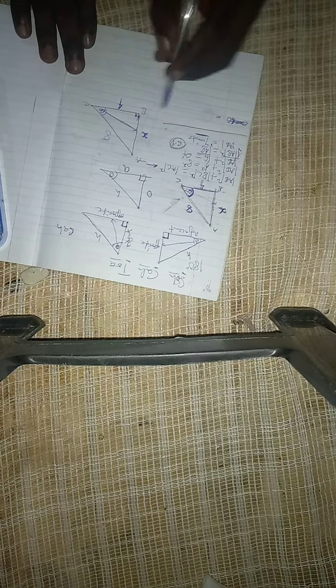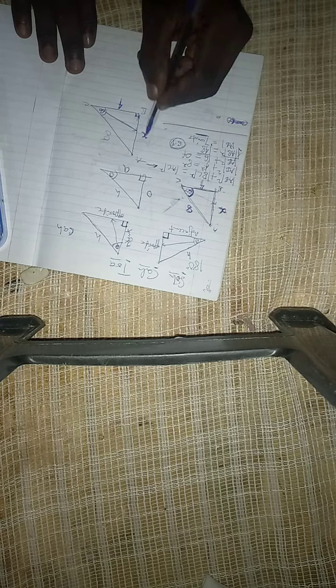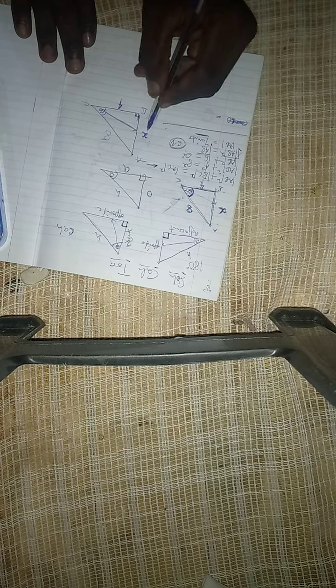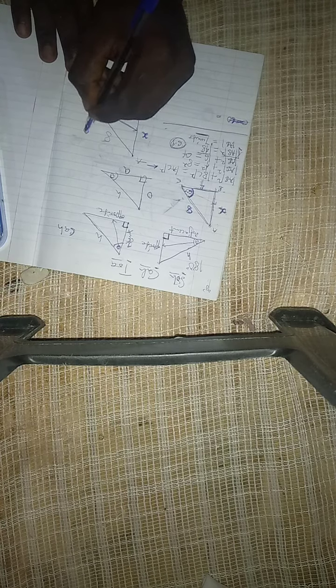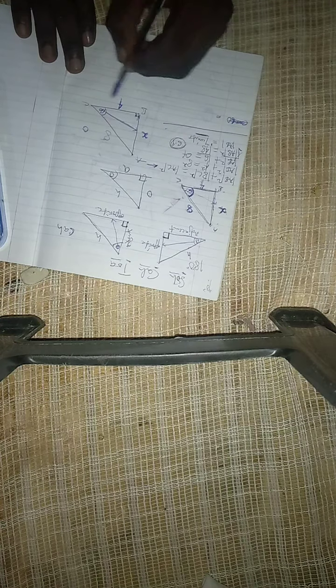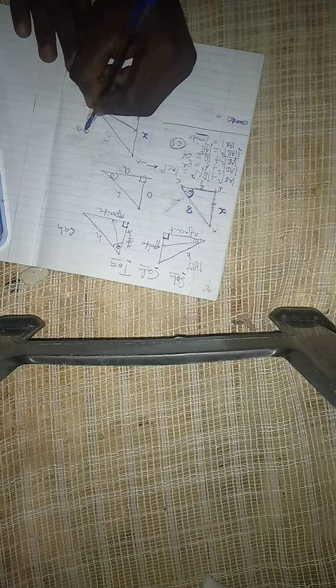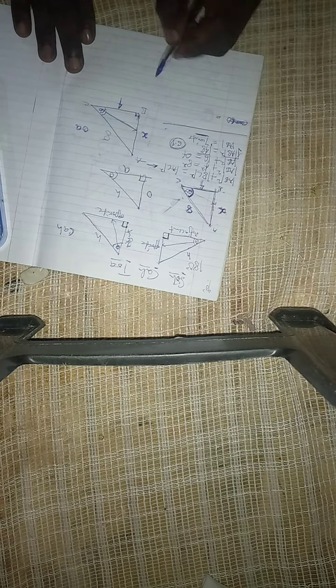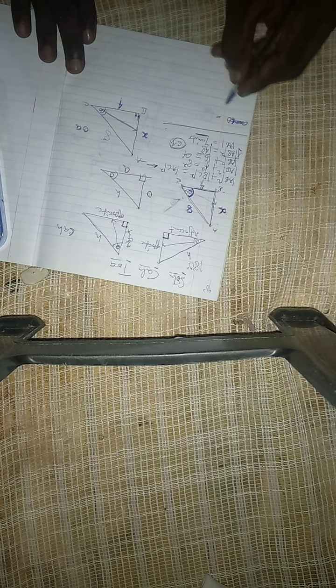So this is what I'm using to find this. This is opposite, so we have O, and this is adjacent, so we have A. So when we have O and A, we use tan, which is TOA.